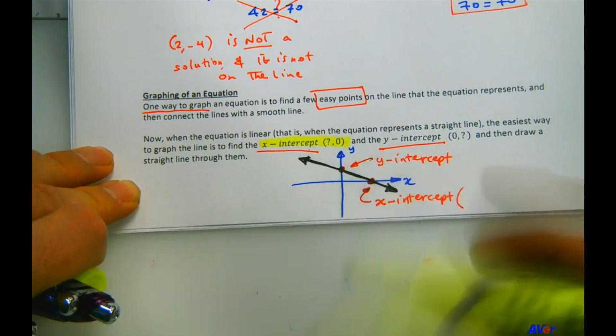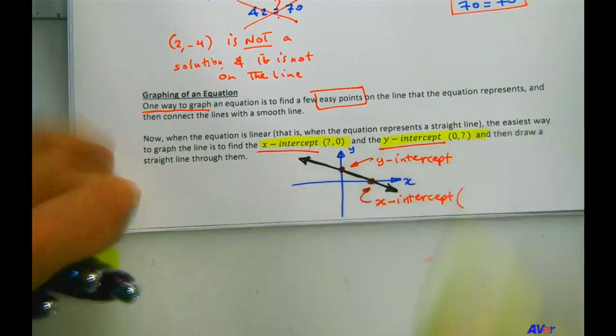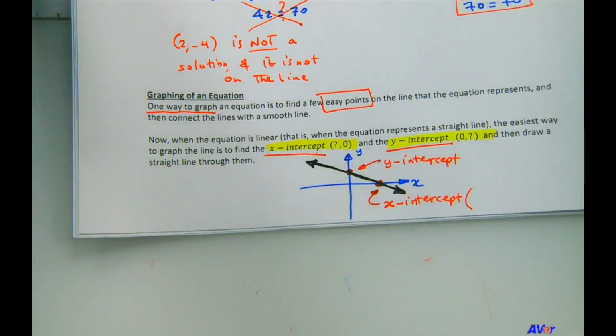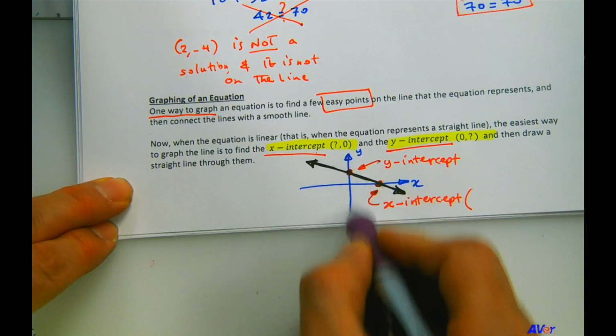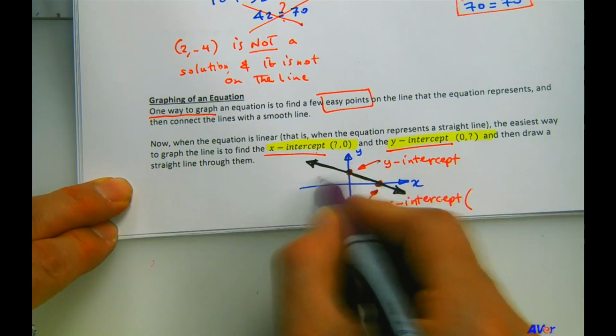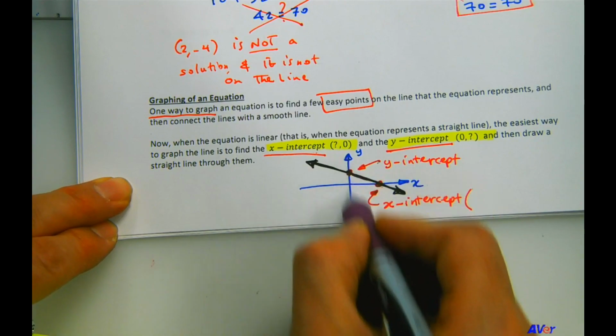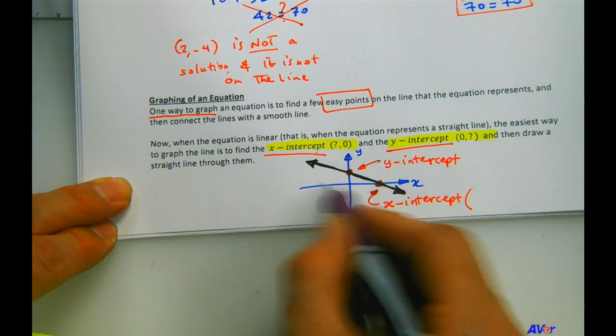And for the y-intercept, the x value is always 0. If you're on the y-axis, there is no movement along the x-axis, you haven't moved at all along the x-axis.